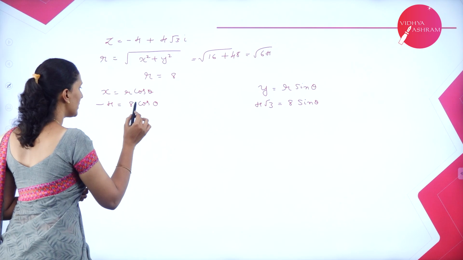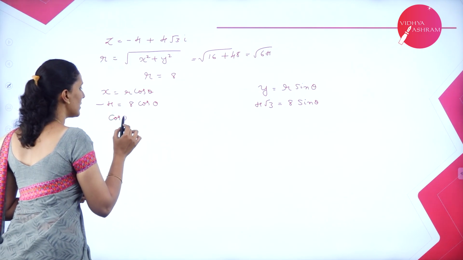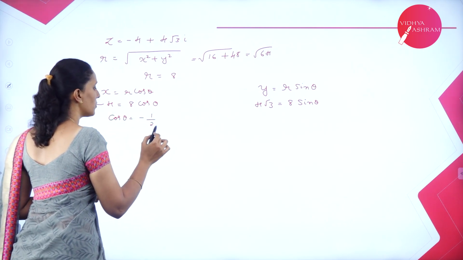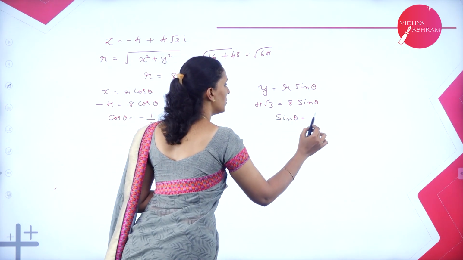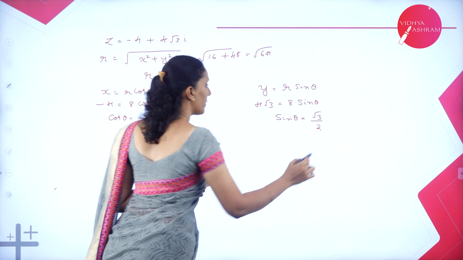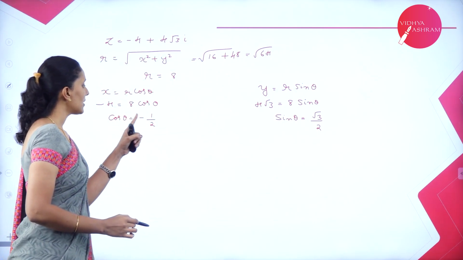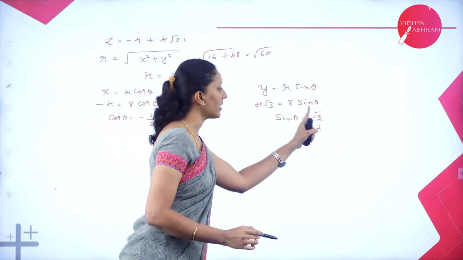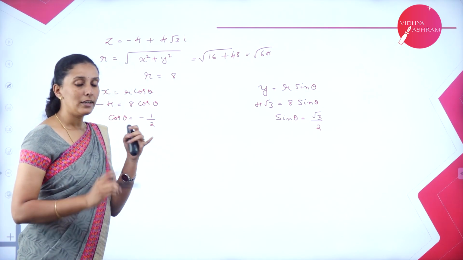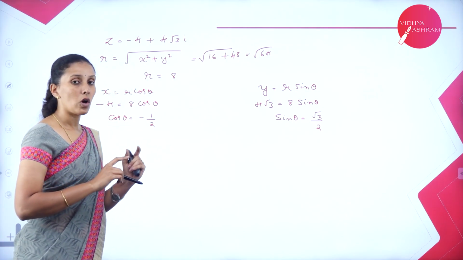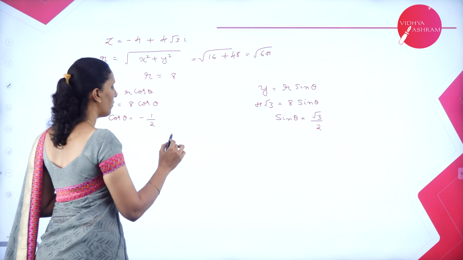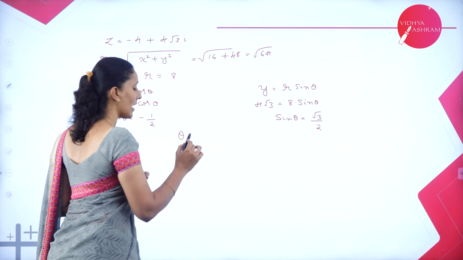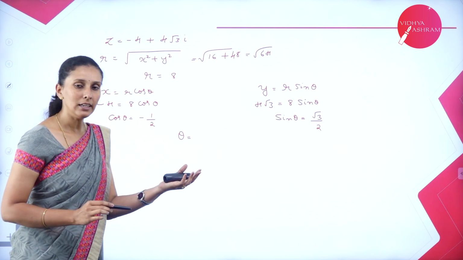On solving this, we will get cos theta is equal to minus 1 by 2 and sin theta is equal to root 3 by 2. We can observe that cos theta is negative, sin theta is positive. We know that sin theta is positive and cos theta is negative in the second quadrant. So therefore, theta can be taken as pi minus the value.